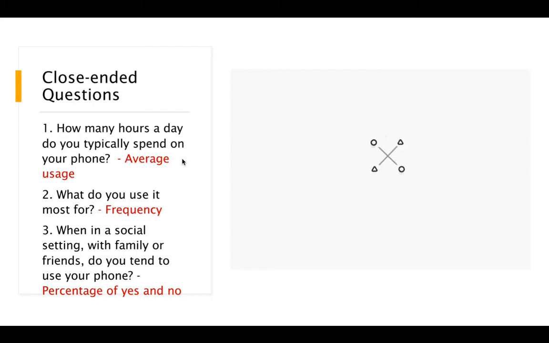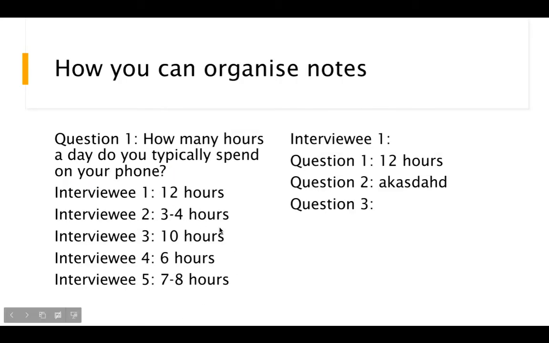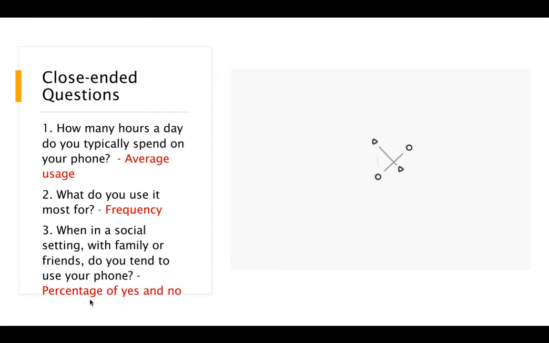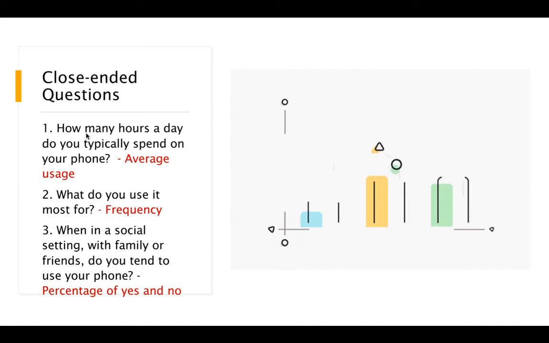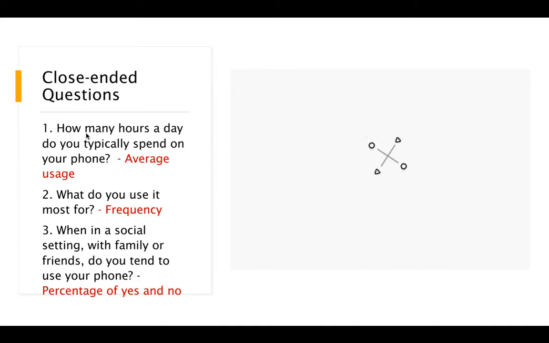If you have all 5 responses and these are the numbers that you get, you can average them by adding them up and dividing by 5, which is the total number of participants that you have. That will generate a numerical average of how many hours your 5 participants spend on a daily basis. So that's one way you can numerically represent the responses, even though it's an interview.